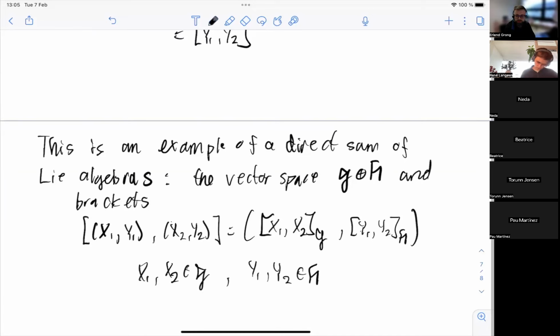So the previous decomposition we saw is a special case of this, with the only difference being that all brackets in H are equal to 0.